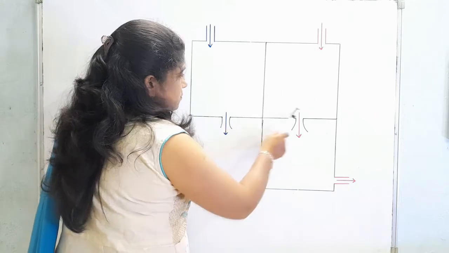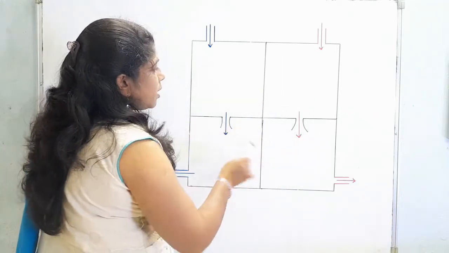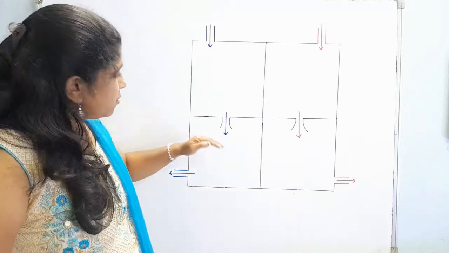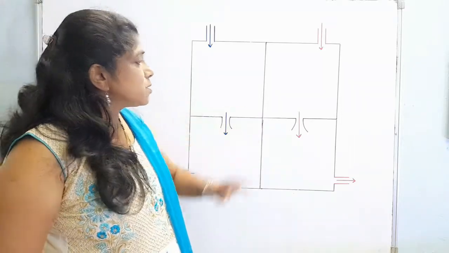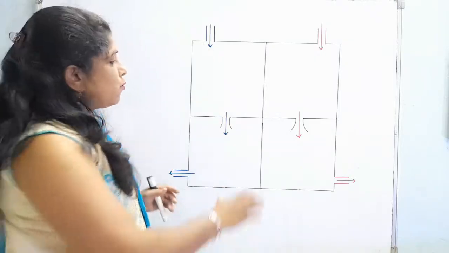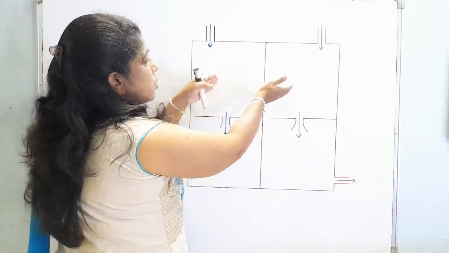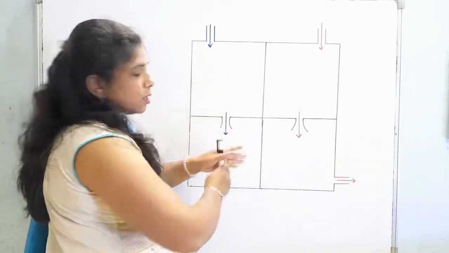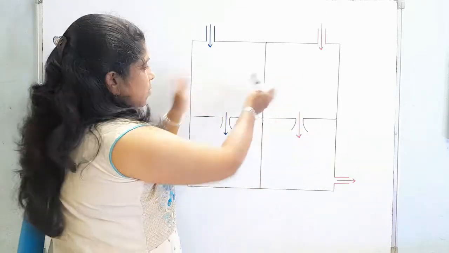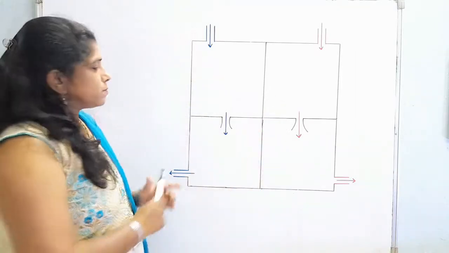Because these valves which are present here in this partition of atrium and ventricle, the main function, the valve is to prevent the backward flow of the blood. So when ventricles contract, blood will not flow to the auricle, from ventricle to auricle. No, these valves will avoid that backward flow. So what will happen when these ventricles contract?